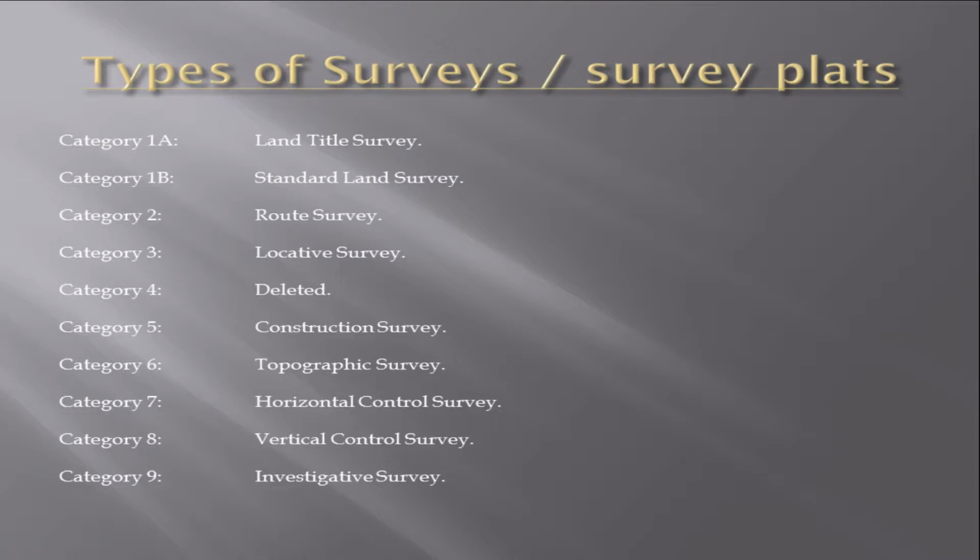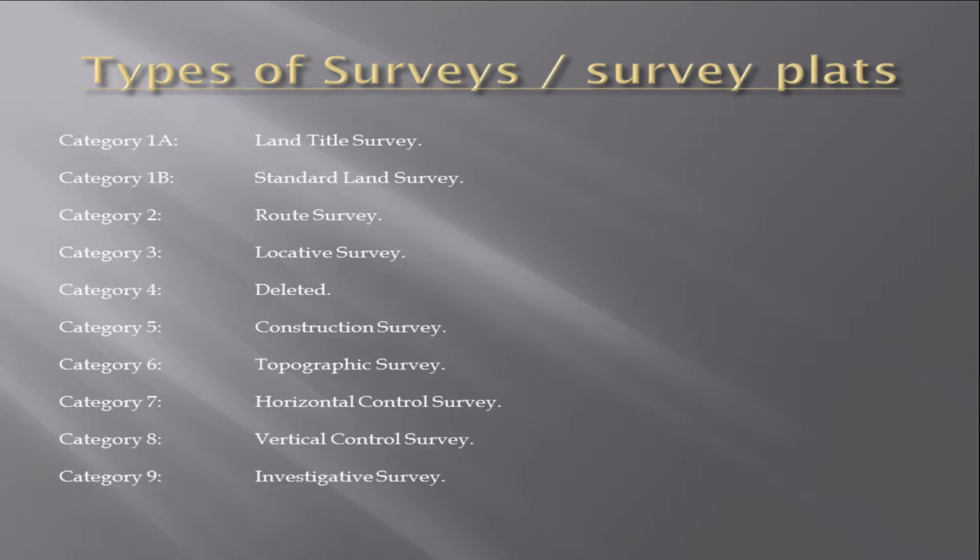Category 6 is a topographic survey, which I will refer to sometimes as a topo. This survey is intended to disclose the elevations and configurations of the land and improvements. It usually includes cross-sections and contour profiles, and I think I've got an example of a topo in our materials which we will jump to.